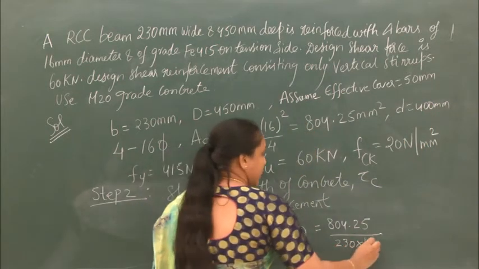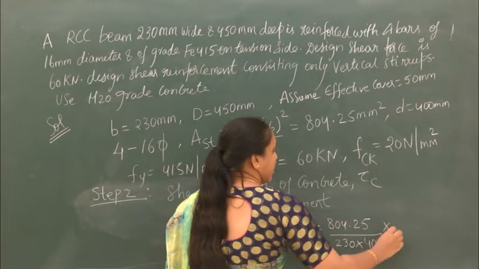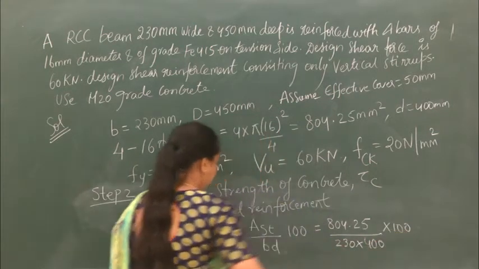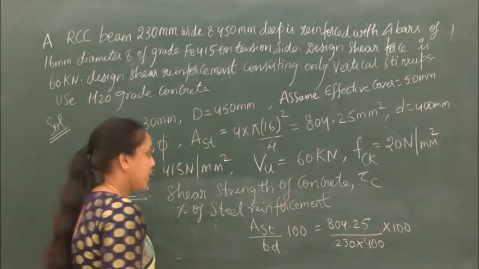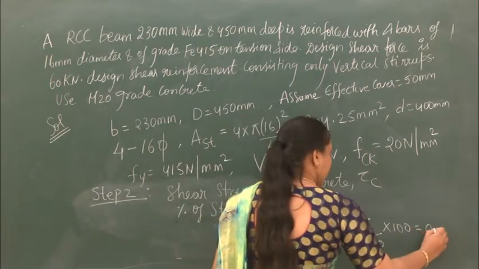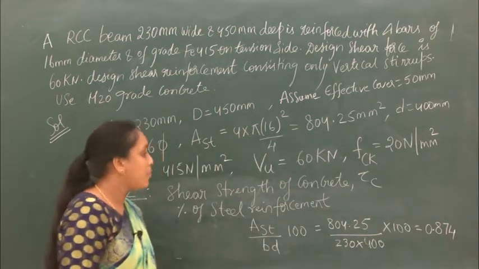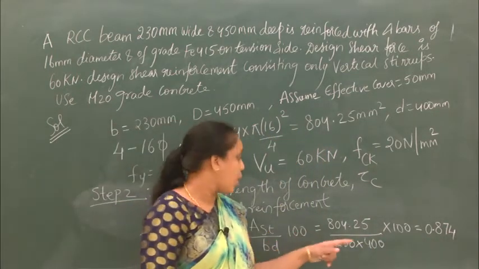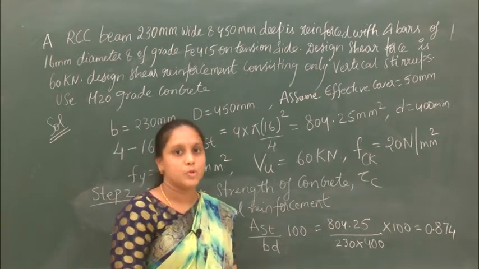So 400 mm into 100 will give you the percentage of steel reinforcement. If you calculate this, you will get a value of 0.874. So 0.874 is going to be your percentage of steel reinforcement.